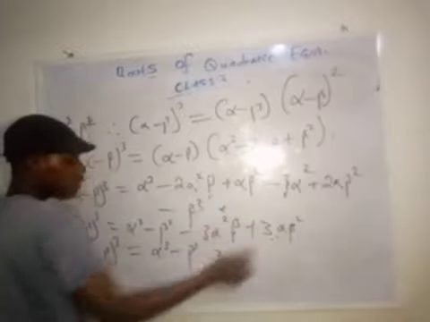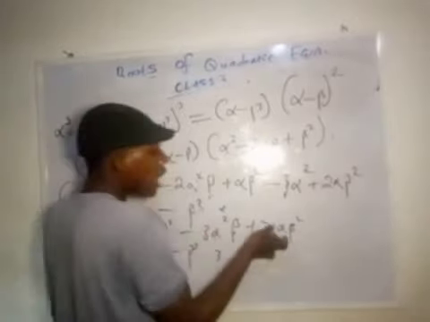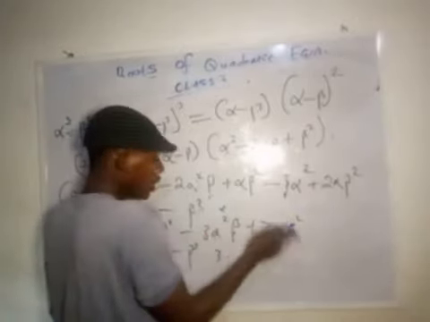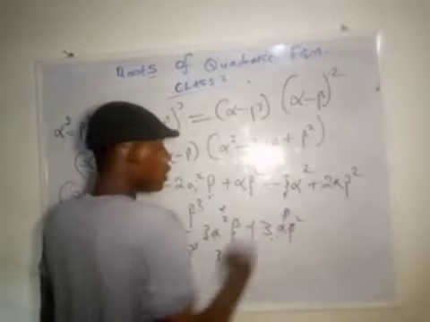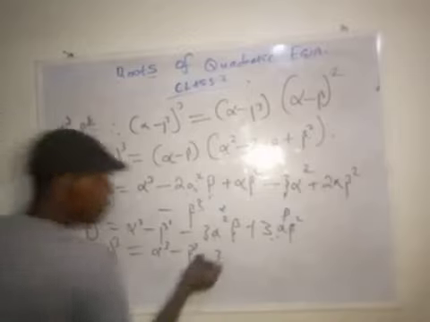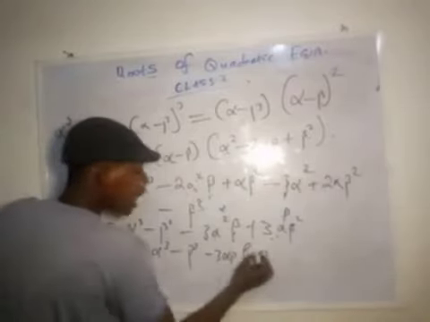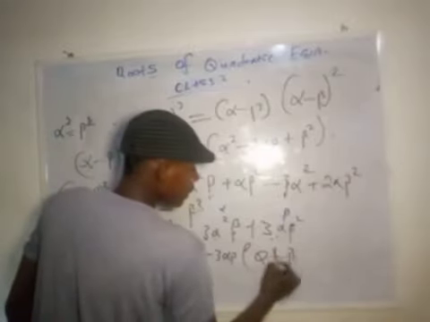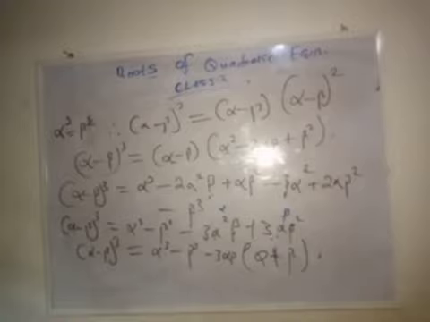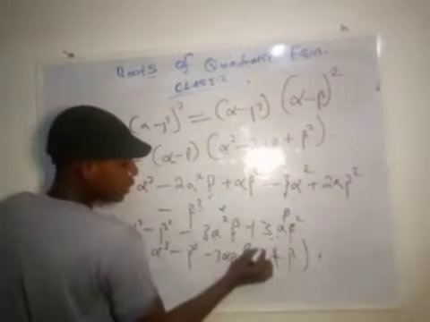If I remove beta here, beta will be gone. If I remove alpha here, it will be gone. And if I remove beta here, there's going to be what? Beta, right? So it will now be in the form of minus 3 alpha beta into bracket alpha plus beta.